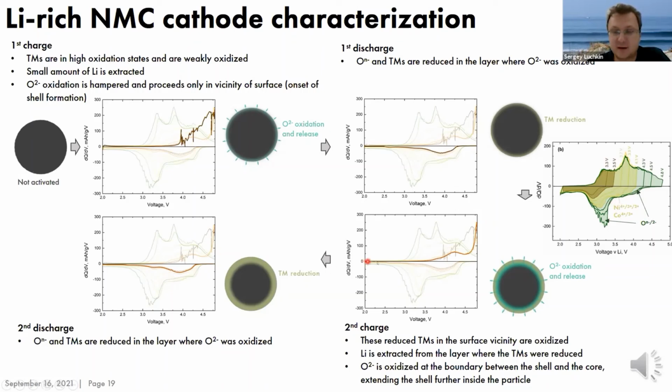During the second charge, the transition metals that were reduced before are oxidized, oxygen is oxidized in this very shell part of the particle, and a new set of oxygen is being oxidized at the interface between this active part outside and the non-active part inside. And during the following discharge, a new set of transition metals is reduced. So we can see the formation of this active shell around the non-active core. And this is the mechanism of electrochemical activation that we deduced so far.